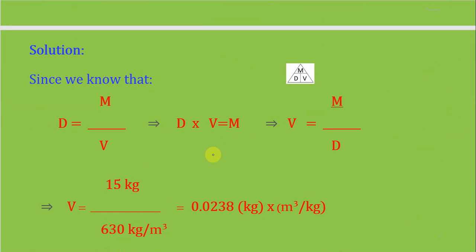Since we know that density is equal to mass divided by volume, we have to find out the volume. Now we have to rearrange the formula because they are not asking density. They are asking volume.